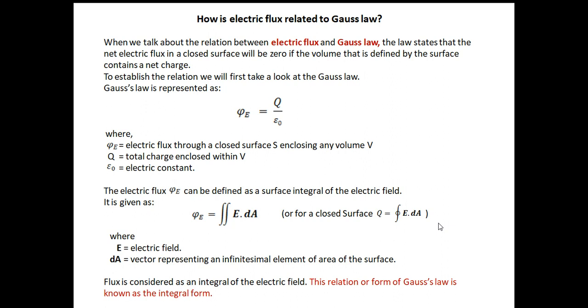The electric flux phi E can be defined as the surface integral of the electric field, given as phi E is equal to the integration over the surface of E dot dA, or I can write Q is equal to the integration of E dot dA. So in that sense, you can very easily see phi E and Q are the same. The only thing is you have to divide Q by epsilon 0. So once I get Q, it's not very difficult to estimate the electric field.